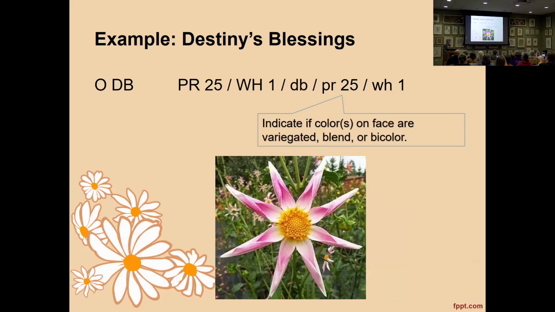This is one of those that gets a little complicated. Orchid dark blend. Purple, the dark blend of the reverse is purple 25, white 1, with a dark blend on the face of purple 25, white 1.